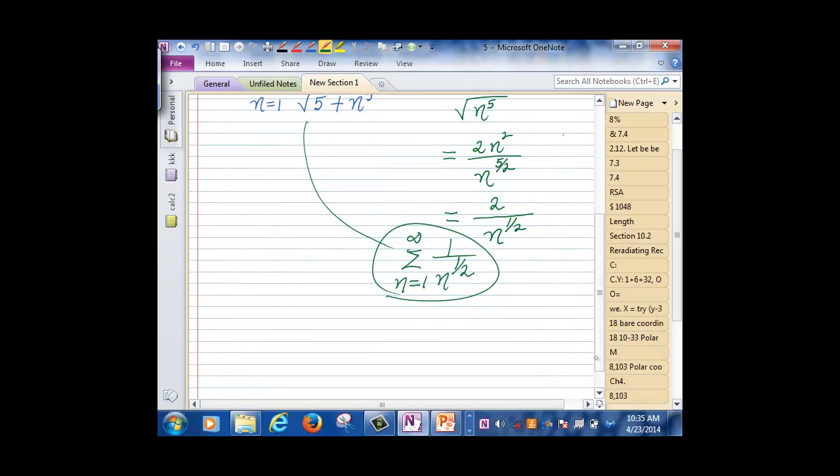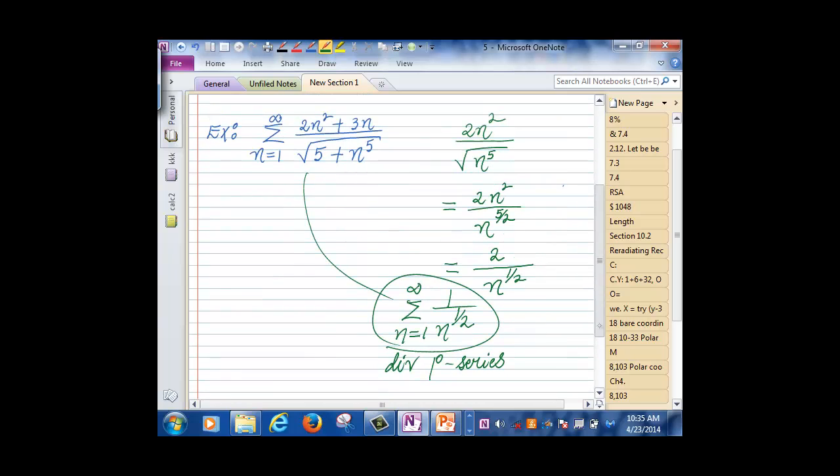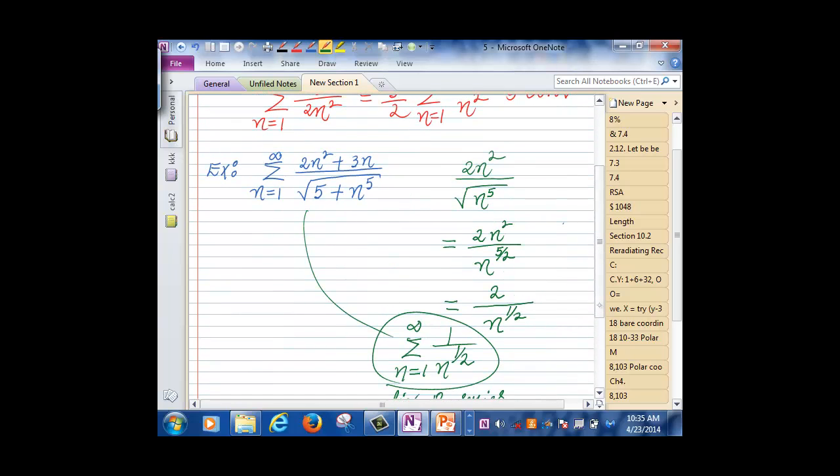It's a p-series, and it's a divergent p-series, right? Because p is less than 1, it's a half. So my guess would be that the series that I have in hand is a divergent series, right? Everybody is okay?